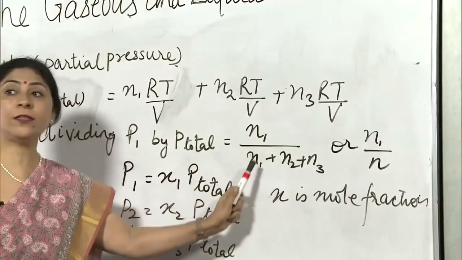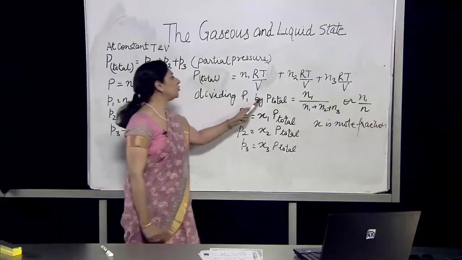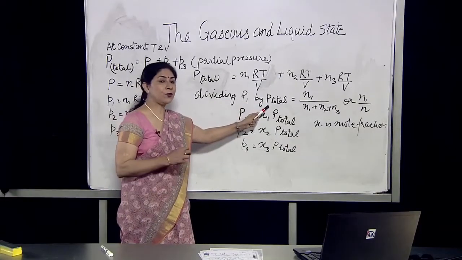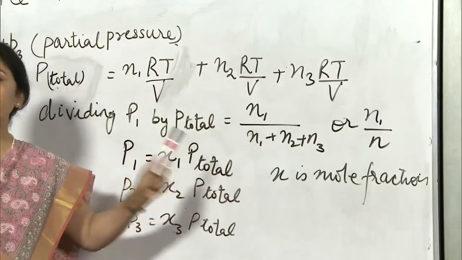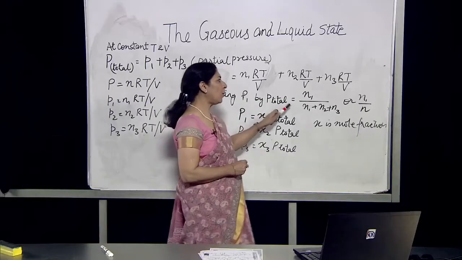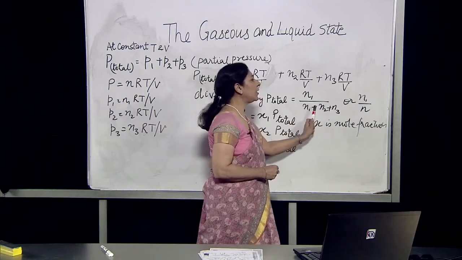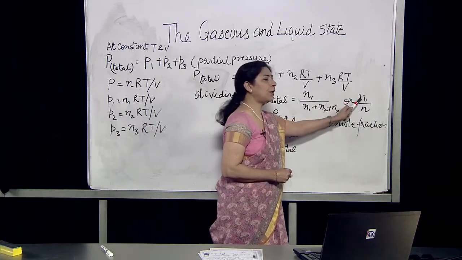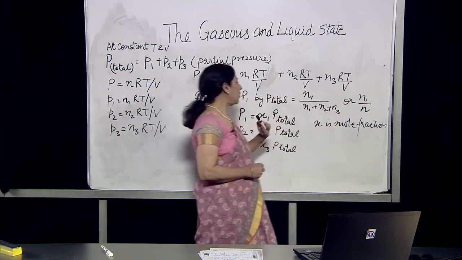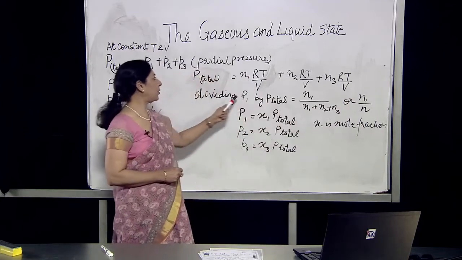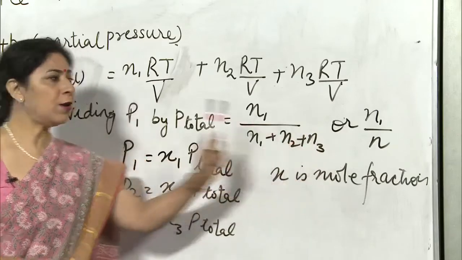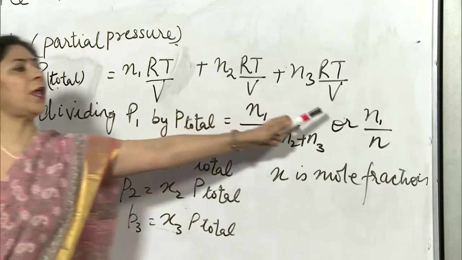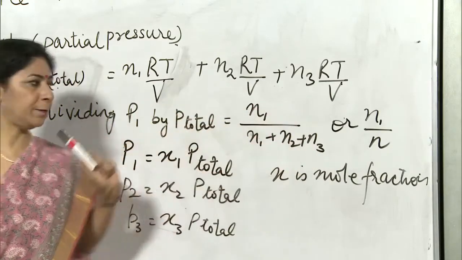How are we going to get this? In totality we get all the gases with different numbers of moles, and when you add all of them, we can simply say n1 upon n. For pressure P2 also we can say n2 upon n, and for P3 we can say n3 upon n.